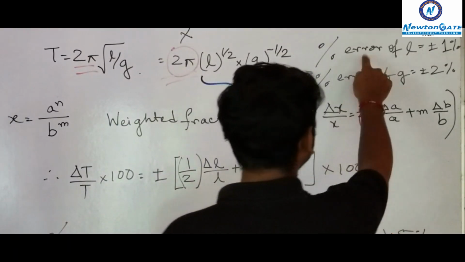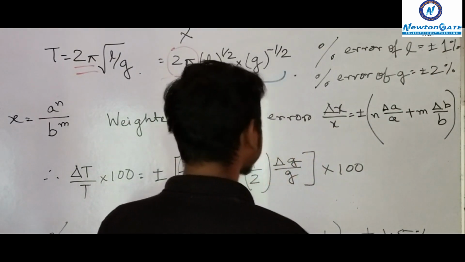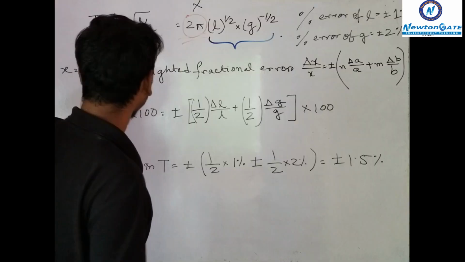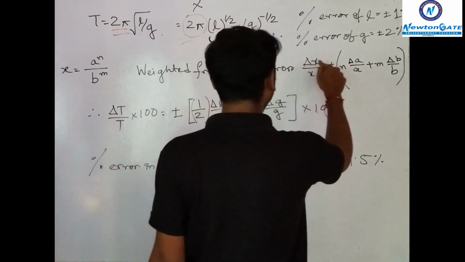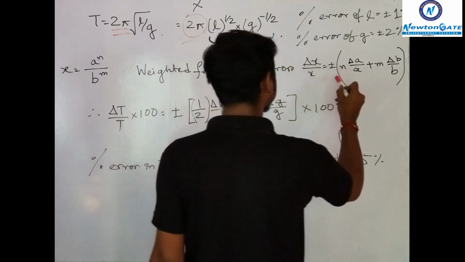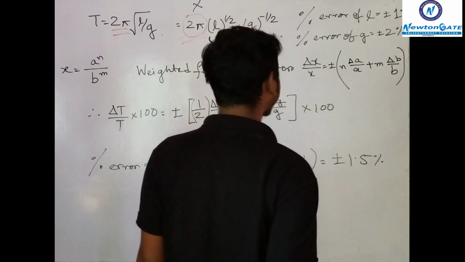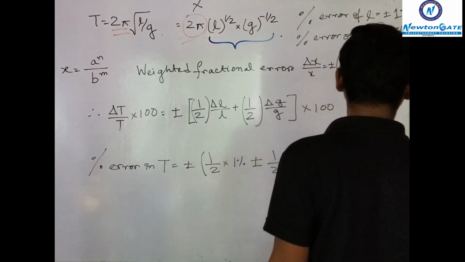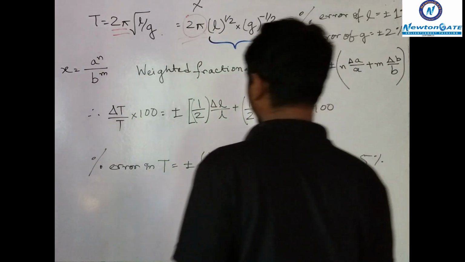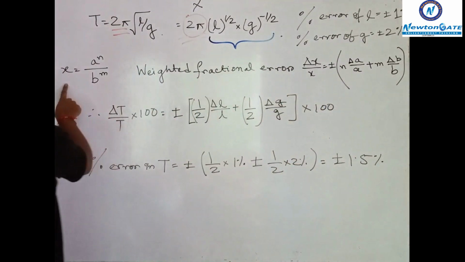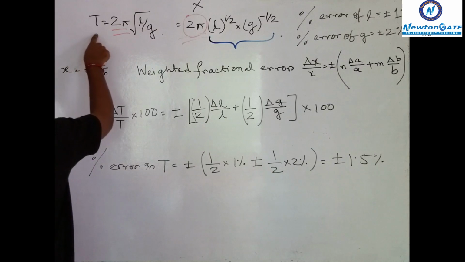The percentage error of L is plus minus 1% and the percentage error of g is plus minus 2%. So the weighted fractional error would be delta x by x equals plus minus, in brackets, n multiplied by delta a by a plus m multiplied by delta b by b. Here it is x in the general formula, and in our problem, it is T.